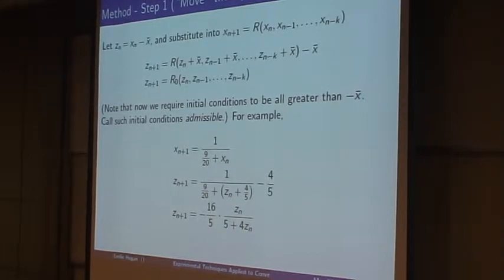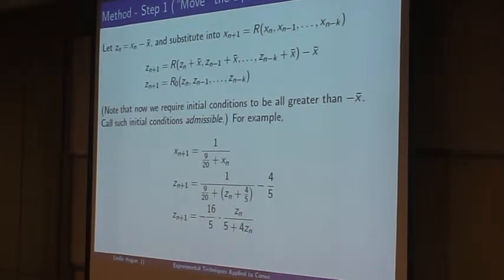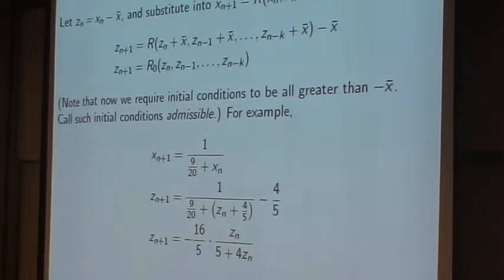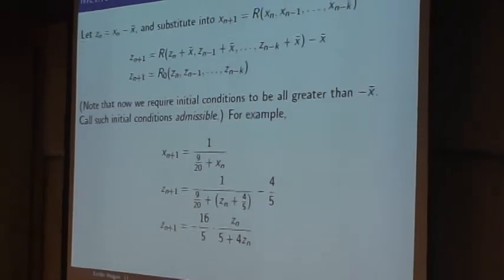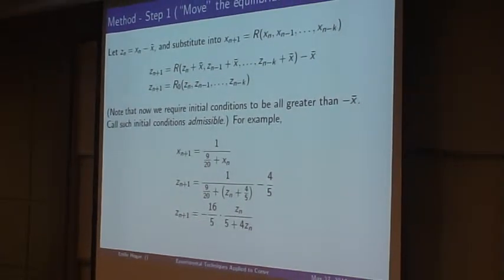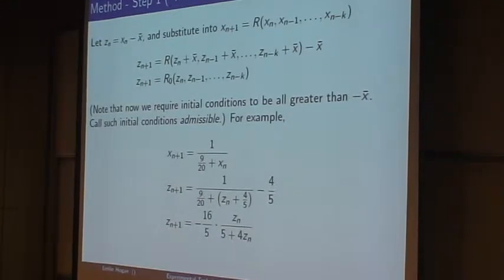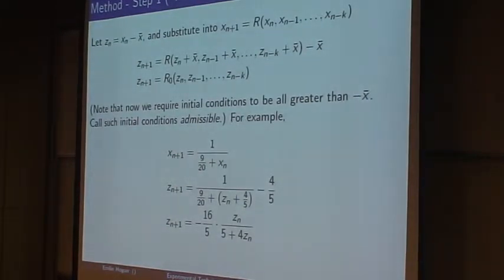We substitute in x_n minus x bar equals y_n, solve, and get a new function. And now we require the initial conditions to be greater than minus x bar rather than greater than 0. And we're going to call such initial conditions admissible so that we can look through it later. And we've also lost the positivity of the coefficients, but that's not a problem because if we didn't divide by 0 in the original case, we're not going to divide by 0 now.